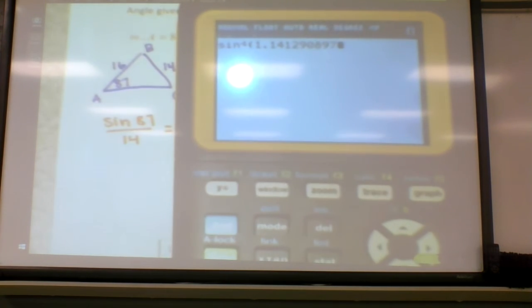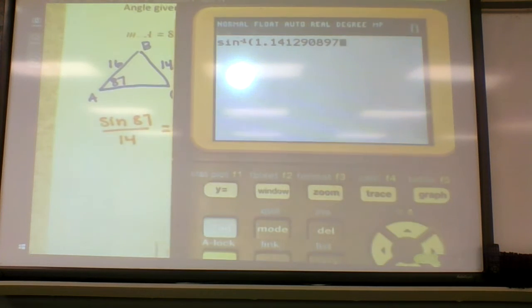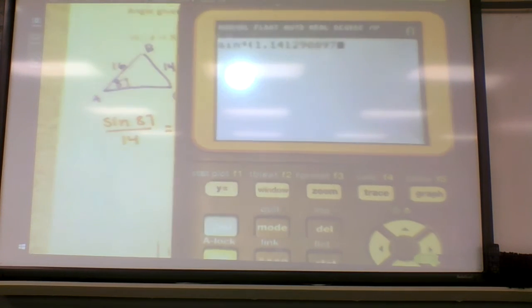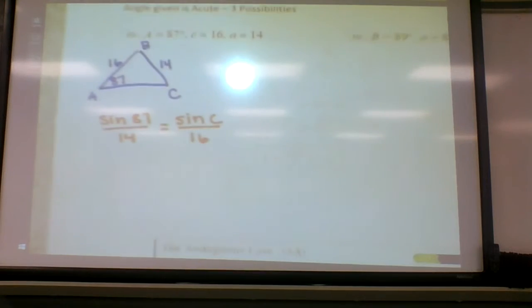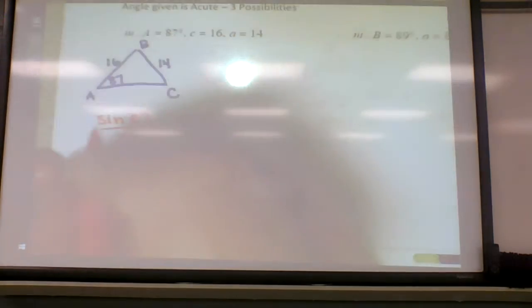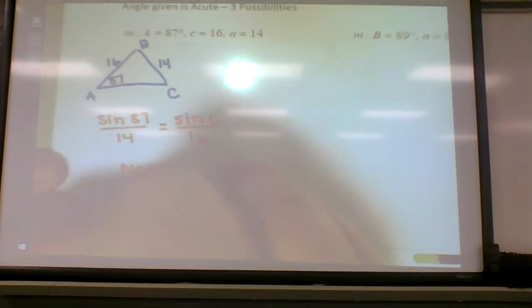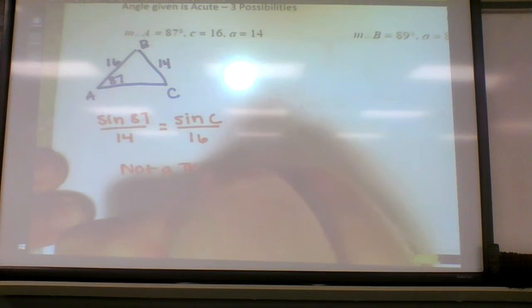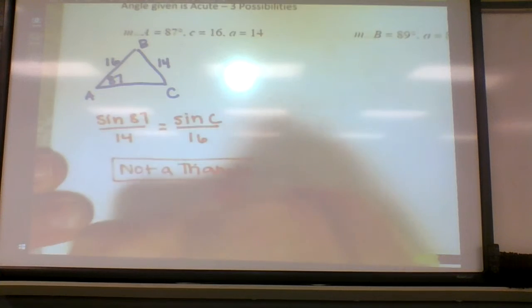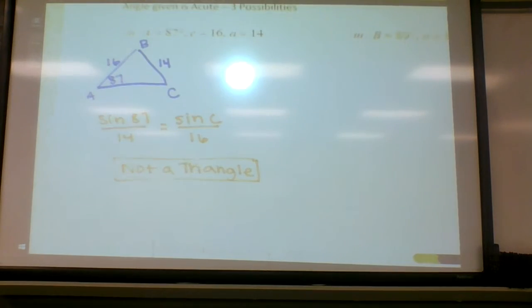So is this a 2-solution triangle or is this not a solution triangle? Not a solution triangle. So right here from the get-go, you can say not a triangle. So the nice thing is if it's not a triangle, the math will literally say it is not a triangle.